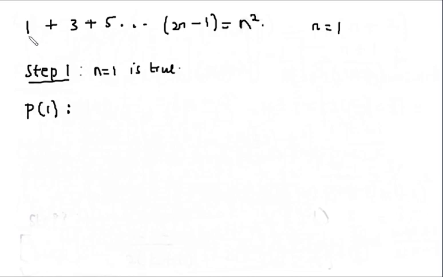Okay, so we know that this is 1, and for this other part, 1 squared is 1, which is equal to 1. So we've shown that the left hand side at n equals 1 is equal to the right hand side.